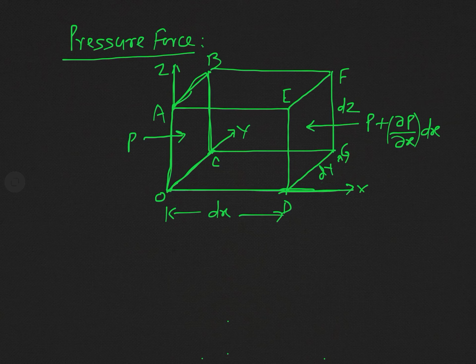That will be del P by del x into dx, because for a unit change in distance, not pressure, the pressure change is del P by del x, and that is called the pressure gradient. So due to a change in distance by dx, the change in pressure will be del P by del x into dx.